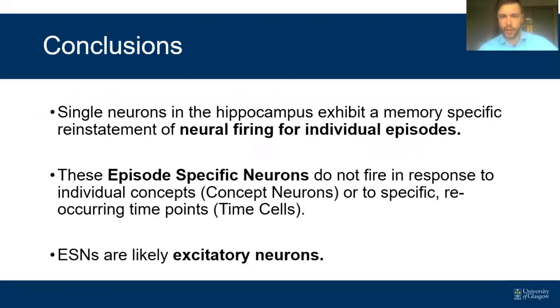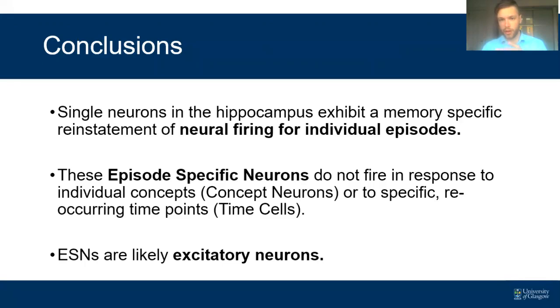So to conclude, we have single neurons in the hippocampus that exhibit a memory-specific reinstatement of neural firing for individual episodes. Now, this contains two important pieces of information. First, we have single neurons and not a population code of all recorded single neurons. Here we have individual single neurons. And the other thing is they code for individual episodes.